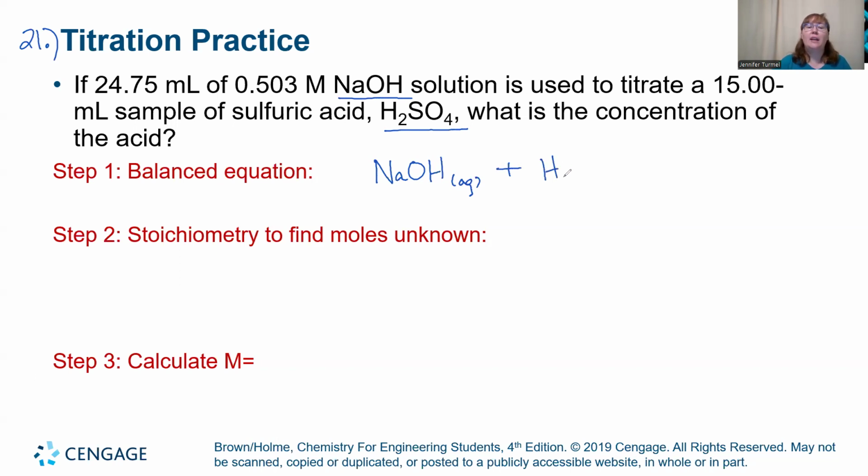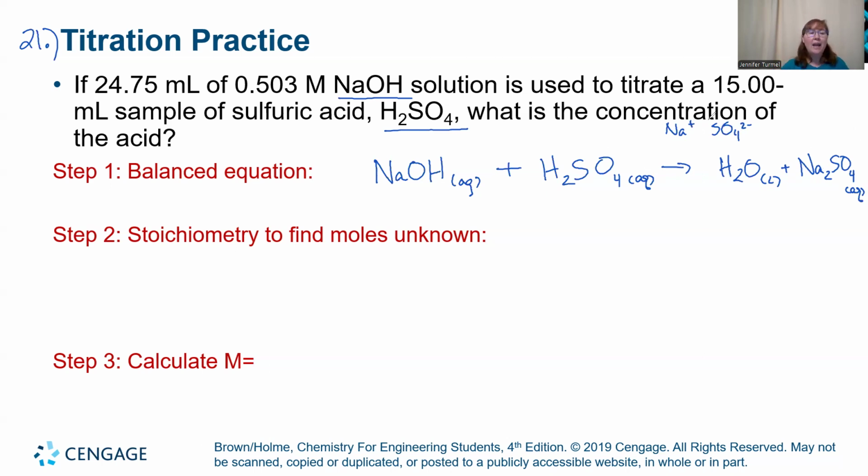And we're adding in our H2SO4, and that one is also aqueous. And we're always going to be yielding water. We know that from last chapter. And our sodium sulfate, Na2SO4, aqueous. The reason for that, remember, is that we have sodium ions and sulfate ions.